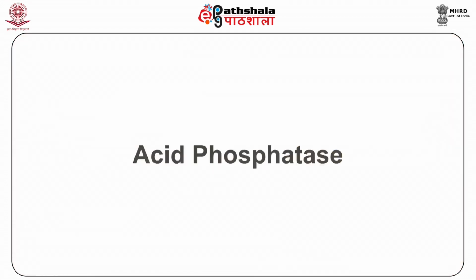Acid phosphatase. Acid phosphatases or APs are a family of polymorphic enzymes widespread in nature that can be found in many animal and plant species as well. Acid phosphatase is an enzyme secreted by the prostate gland that is present in large amounts in the seminal fluid.